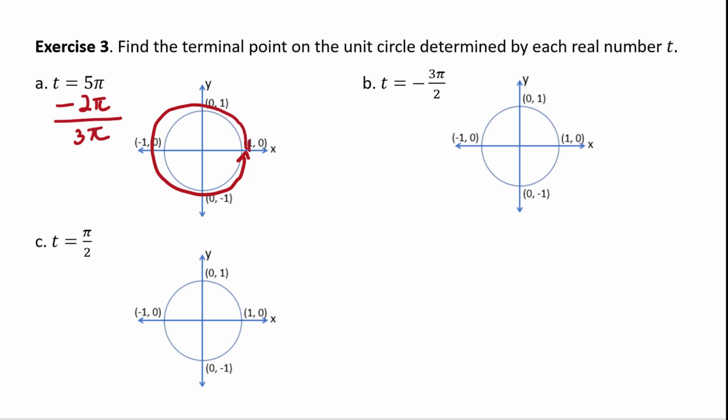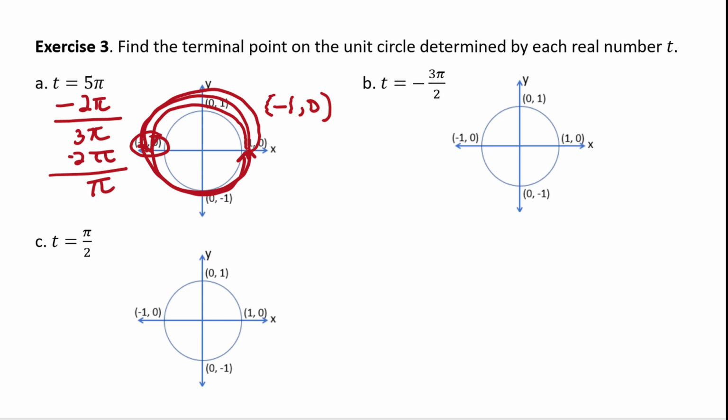We have another revolution, so go around one more time, still ends up at the same point, subtract 2 pi, and now there's pi remaining, so we travel another pi. We get that the terminal point is the ordered pair -1, 0.